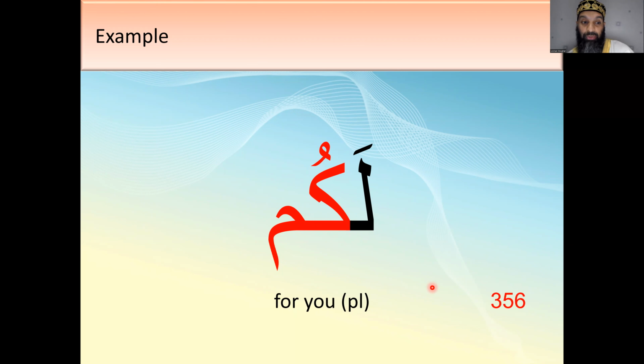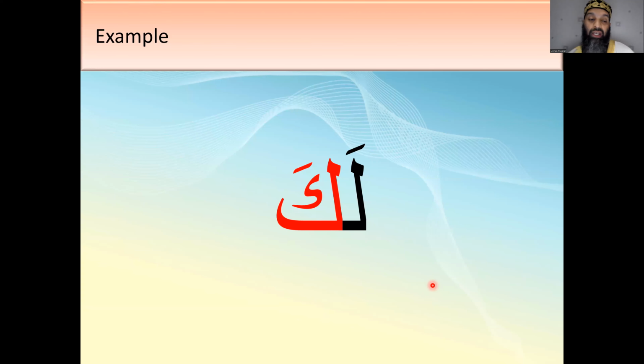356 coming everywhere. Laka. So what does laka mean? The la means for, and ka means, have a look at your table. Good, good. For you, masculine, not for him. For him would be lahu. This one is laka.